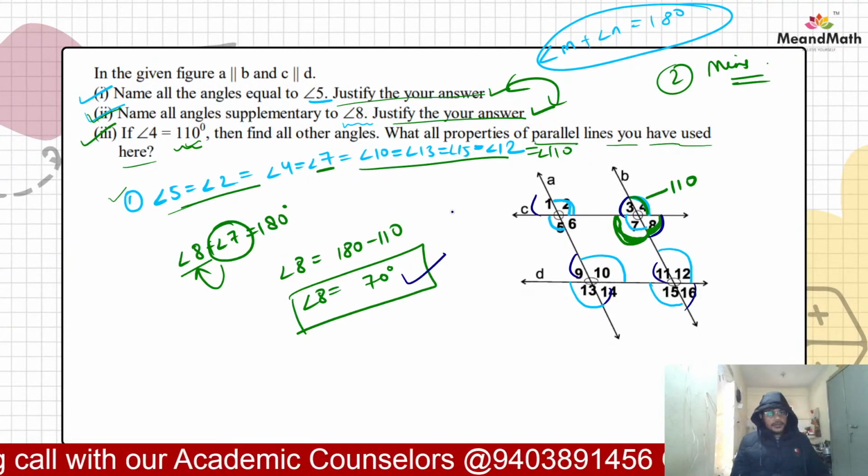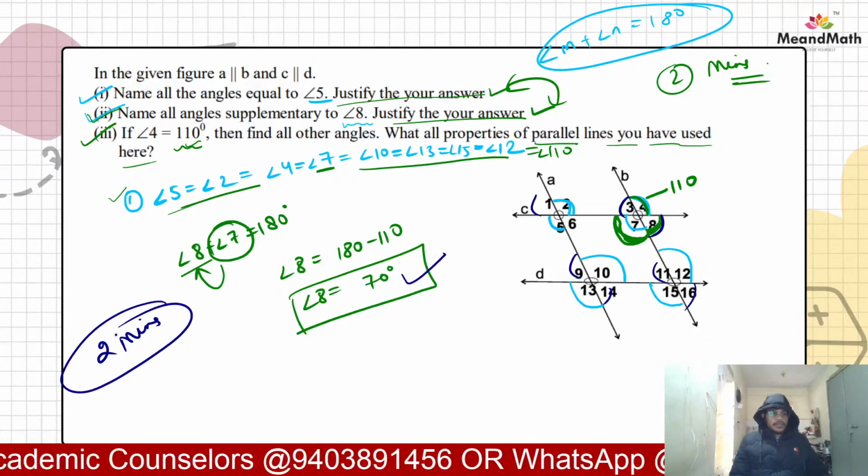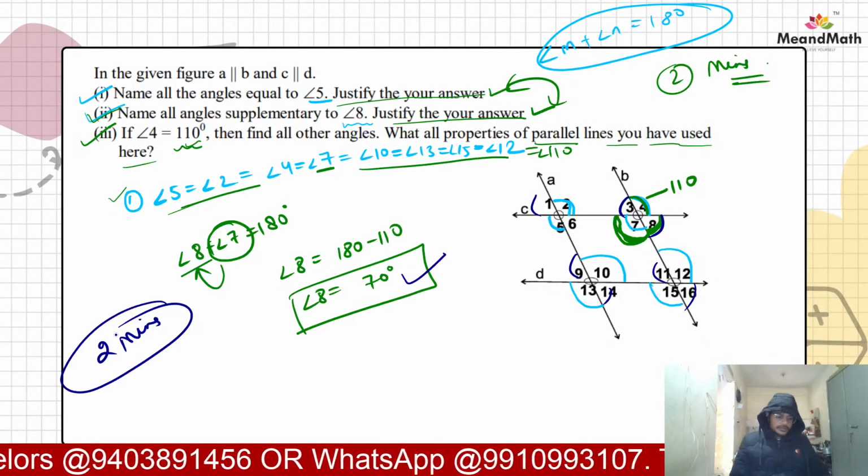If you have any doubt in this question, you can ask me. I am giving you 2 minutes to think, and if you have any doubt, you can ask me. Otherwise, we will be moving ahead with the next part.